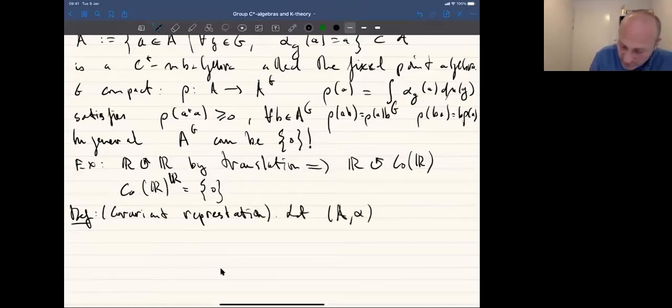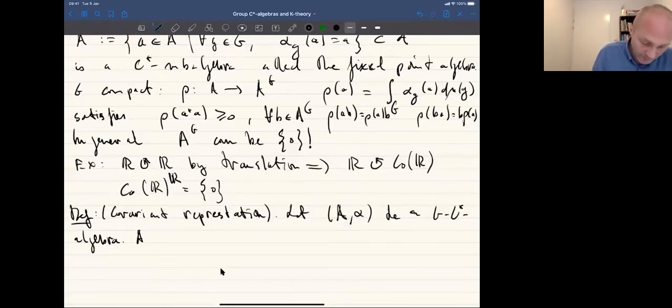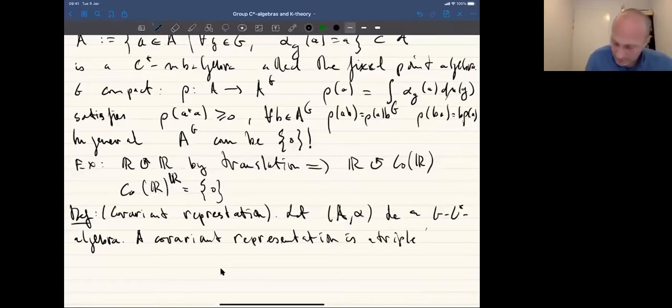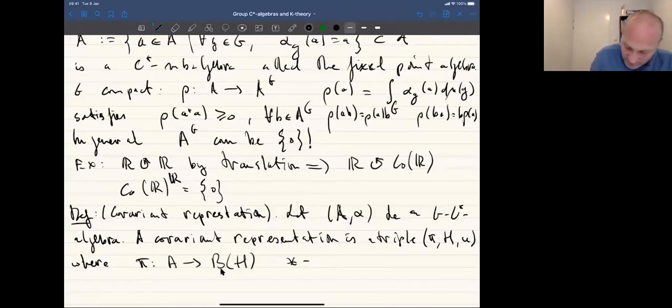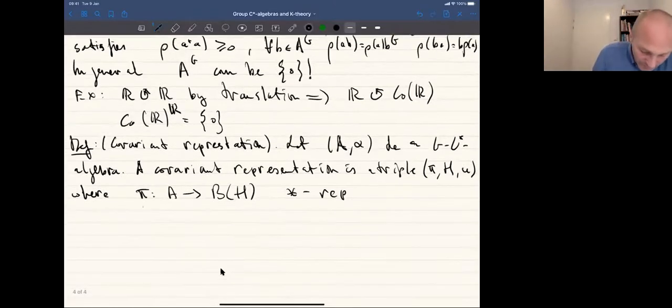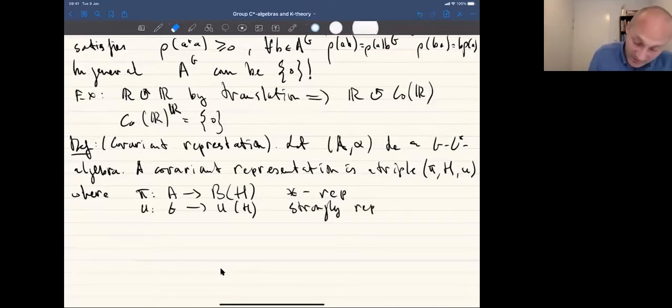So we say let (A, alpha) be a G-C-star algebra, and then a covariant representation is a triple (pi, H, U), where pi from A to B(H) is a star representation, and U from G to the unitary group of H is a strongly continuous G representation.